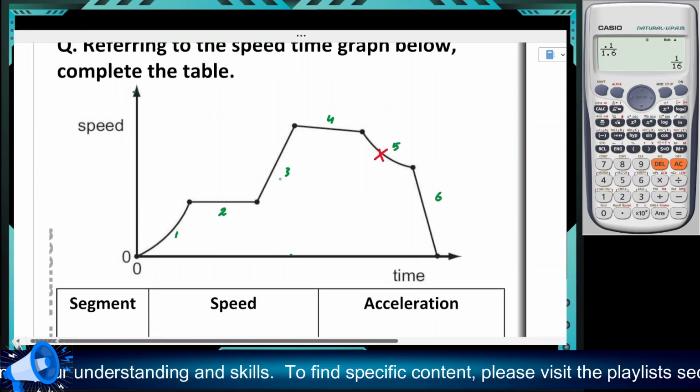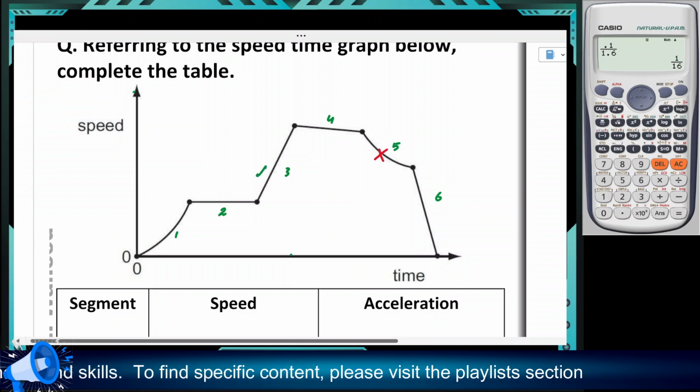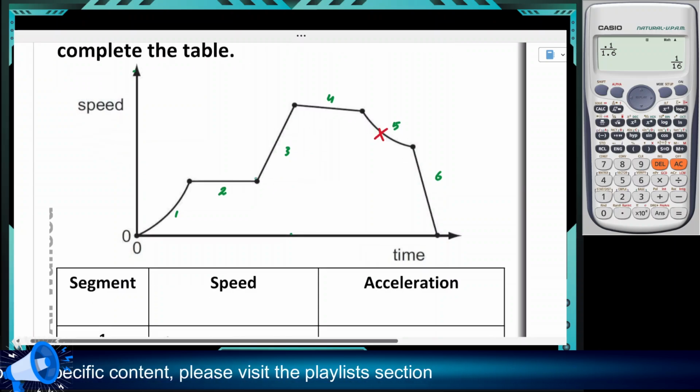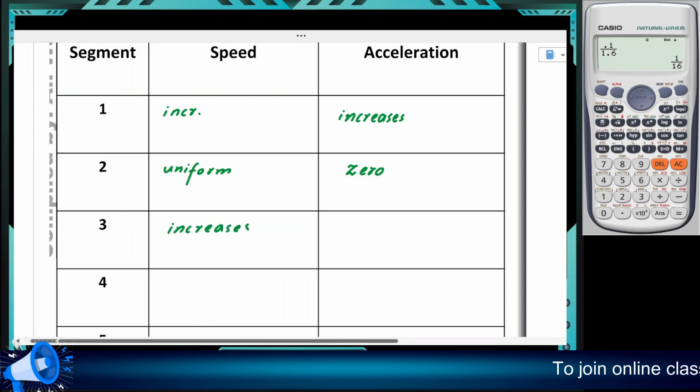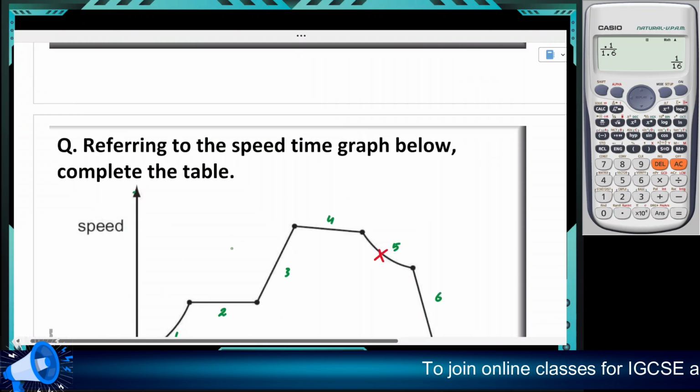Let's take a look at segment 3. What happens to the speed? What happens to the acceleration? Since I can clearly see the line going upward, it means the speed is being increased.